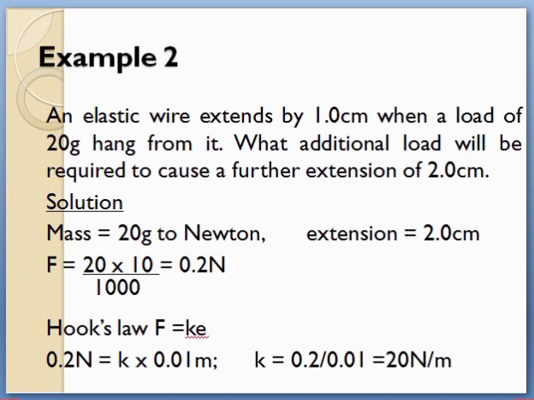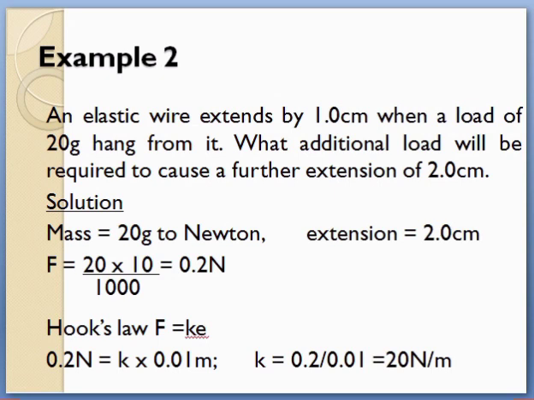Example 2. An elastic wire extends by 1.0 centimeter when a load of 20 grams hangs from it. What additional force will be required to cause a further extension of 2.0 centimeter?